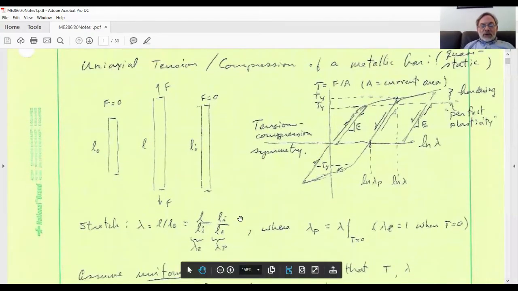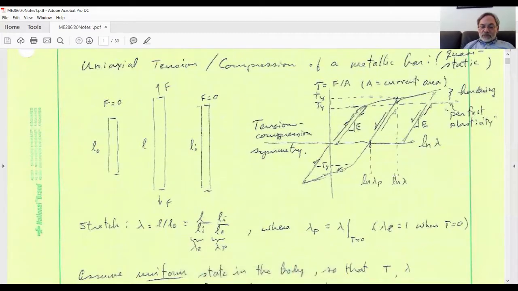Okay, so we've introduced these two notions of stretch, lambda, the overall stretch, and lambda p. And here, to make the equality, we need another stretch, which we call the elastic stretch.